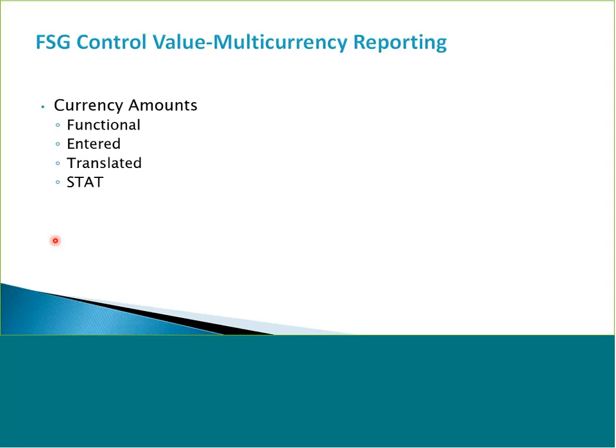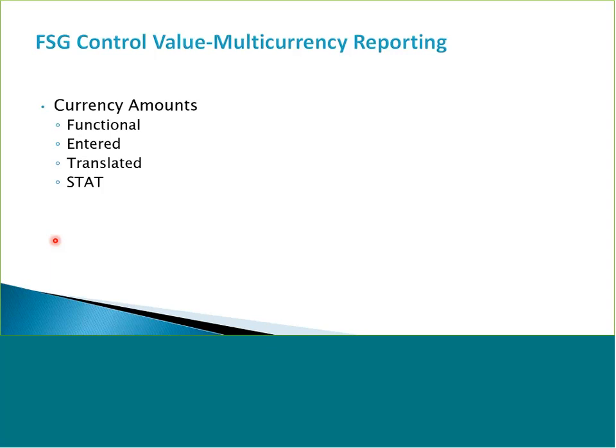So just to start off, we already know what a report that is showing functional amounts would look like. Why? Because those are the reports that we have been doing. So when you don't specify to Oracle using control value any currency amount, then the default is functional amount.